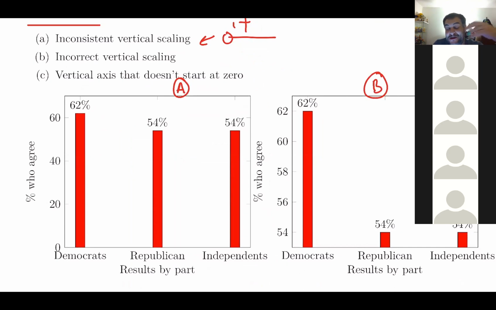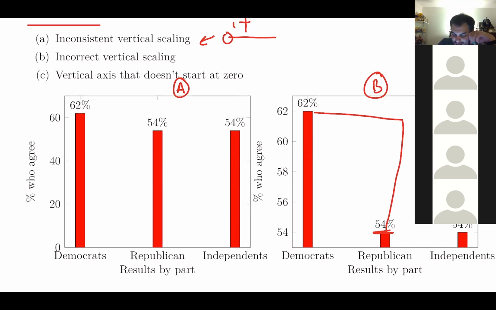All right, so you should have chosen that B is showing there's a big difference, because if you look at this compared to the next highest one, it's showing there's a big difference. But is there actually that big of a difference? Not really, because from 62% to 54% is a difference of 8%. But they're making it seem like it should be 5 times that number, so whatever 62% is, Republicans should be somewhere around 10%.